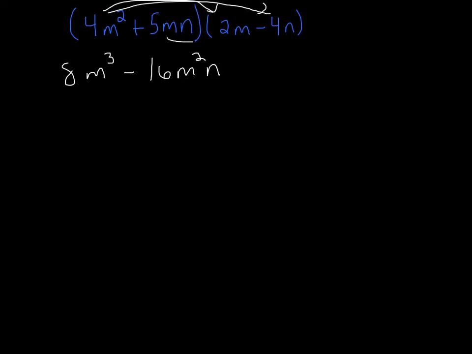Then we do the 5mn times 2m. It's going to give us positive 10, 2 m's there, so it's m squared and an n. And 5 times negative 4 is negative 20.